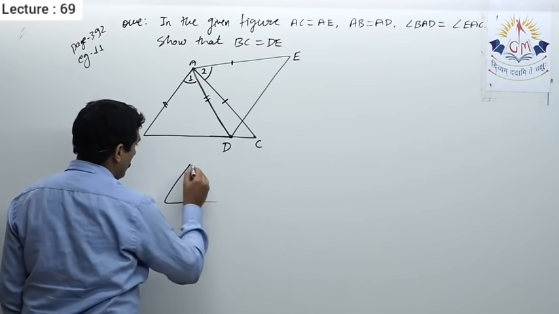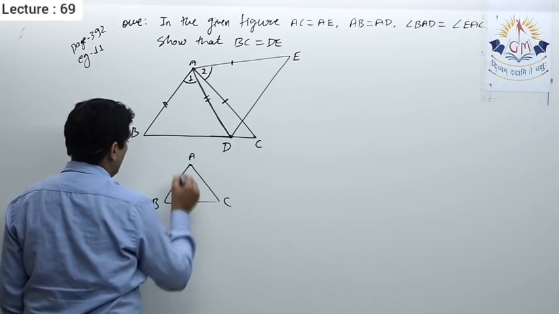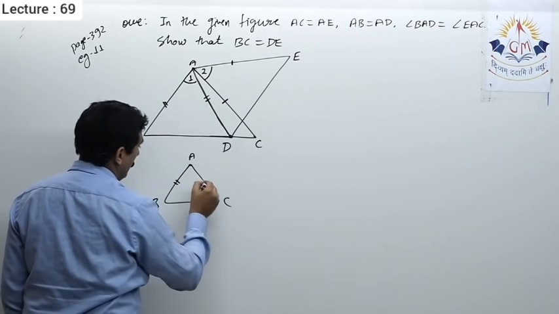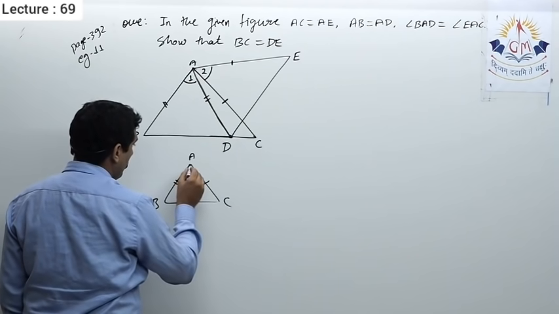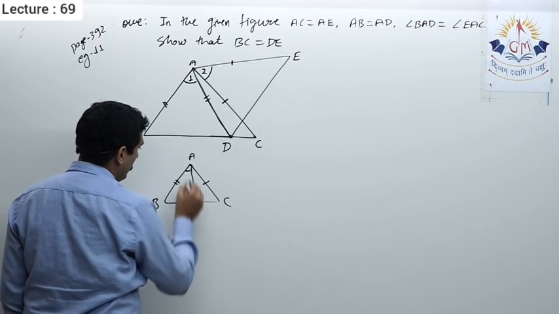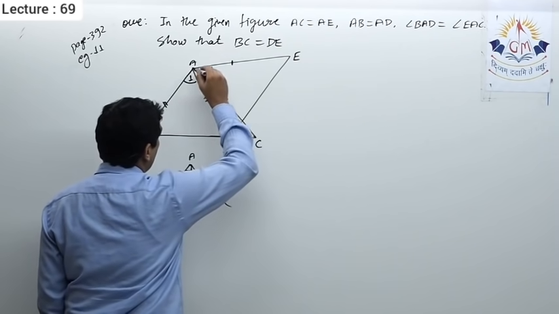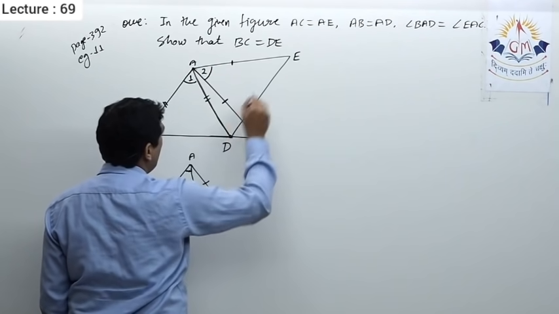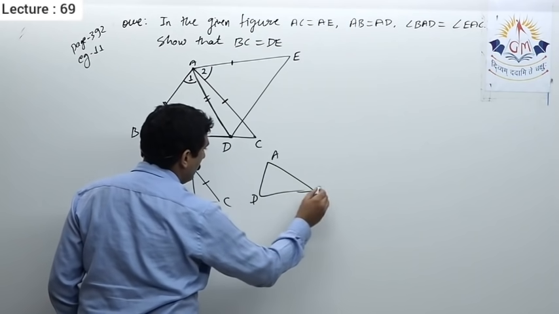This is the triangle ABC. Here AB and AC, and I have angle BAD. Only this small part, because point D is over there. Now if I draw the second triangle, that is triangle ADE.